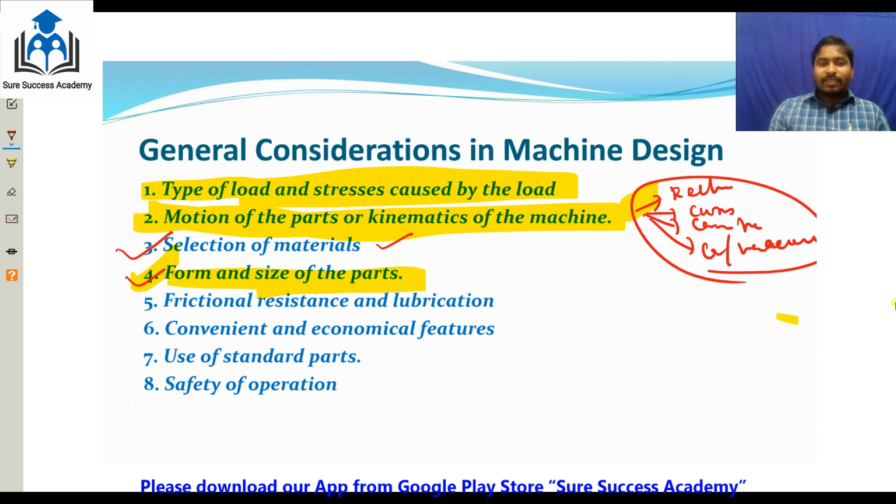The frictional resistance and lubrication are also important. If there is not proper lubrication, there is always a loss of power due to the frictional resistance. It should be noted that the friction of starting is higher than the running friction.